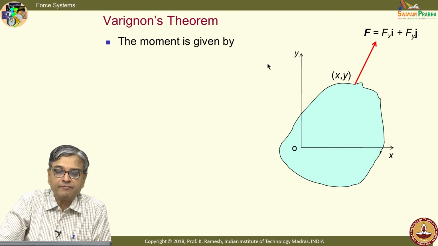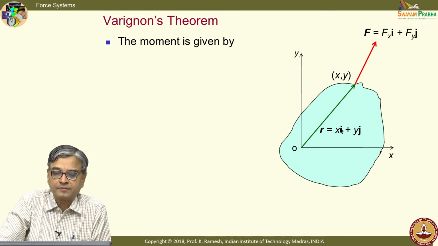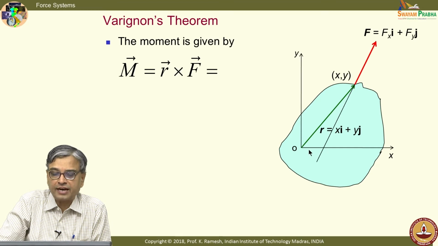What is the moment given by this force? I have a position vector r, and I can also find the distance d. I draw a line through the force. From the origin, I find the distance, which I can calculate. Let the distance be d.